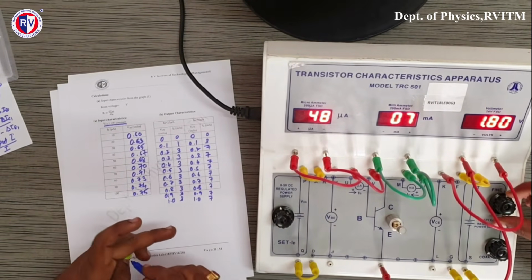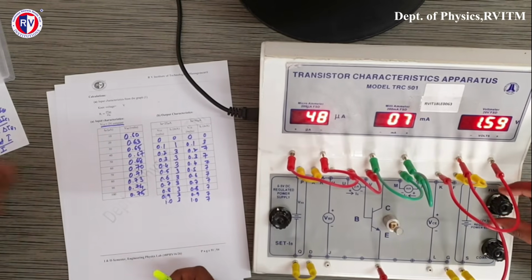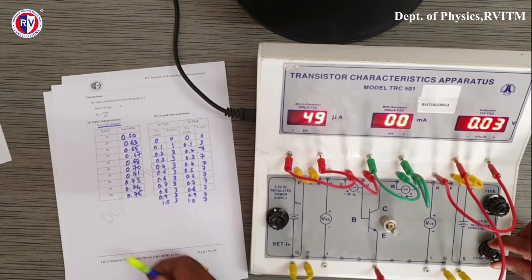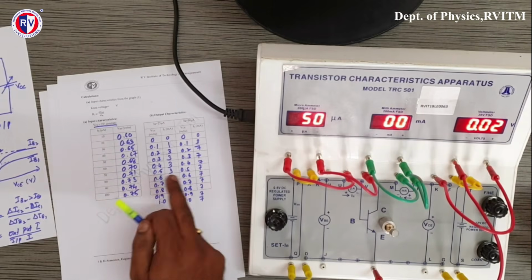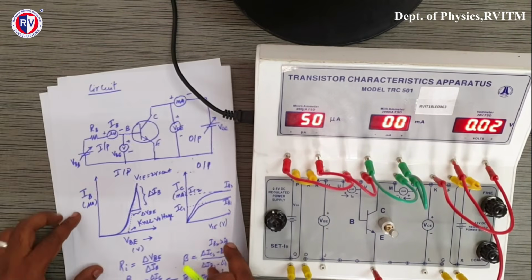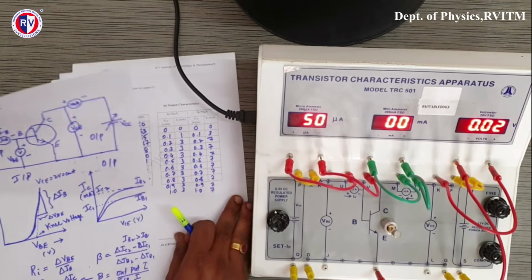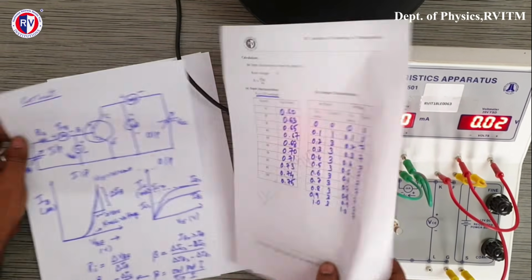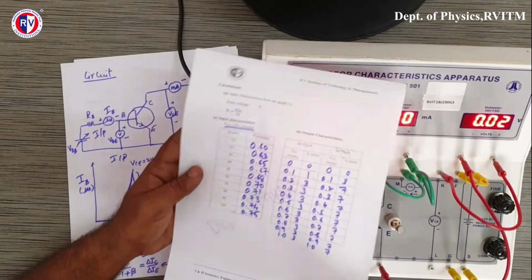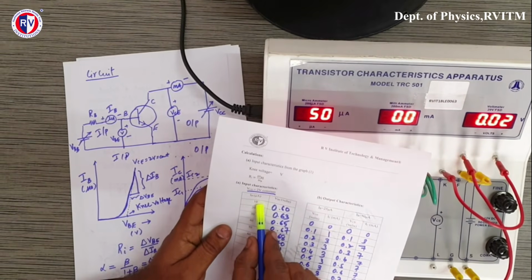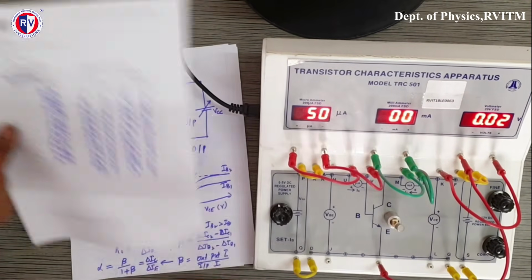Now what we should do here is plot the input characteristic curve and the output characteristic curve. Exactly, it looks like this. When you look at the input values for IB, you start from 10, 20 like this, and plot.